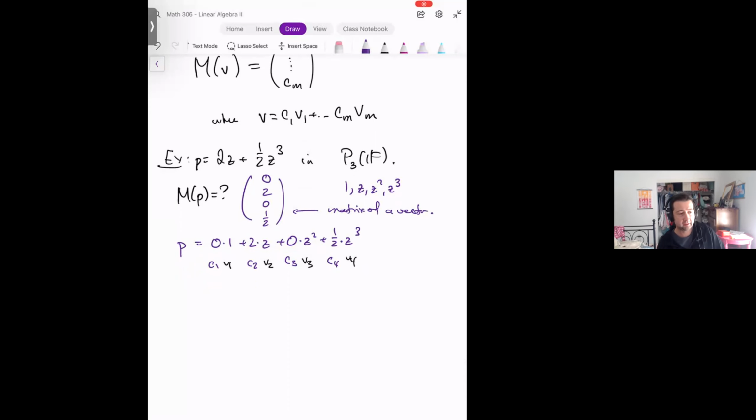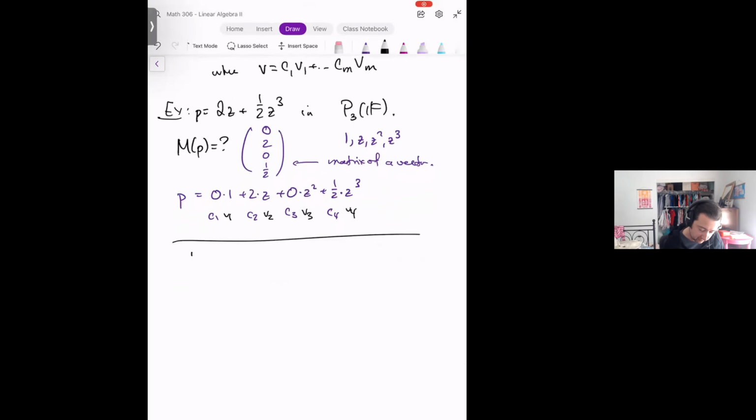Most of you have seen this before in 206, but the reason that you want to do this is because it's going to turn out that if I have some map T in L(V, W), and I have some vector v in V, then taking T and applying it to v is in some sense isomorphic to taking the matrix of T and applying it to the matrix of v.